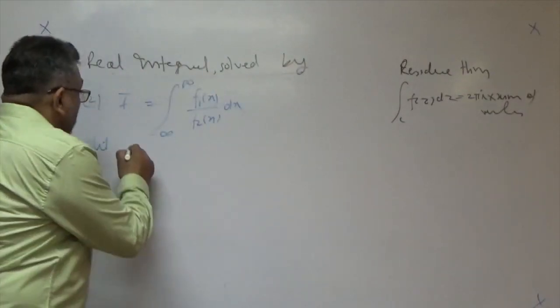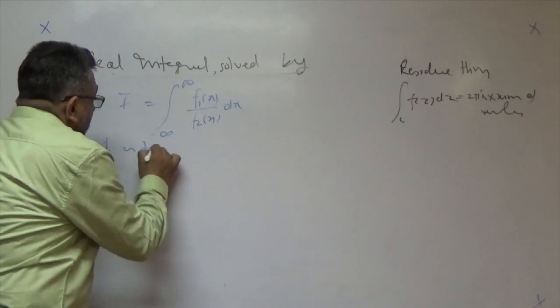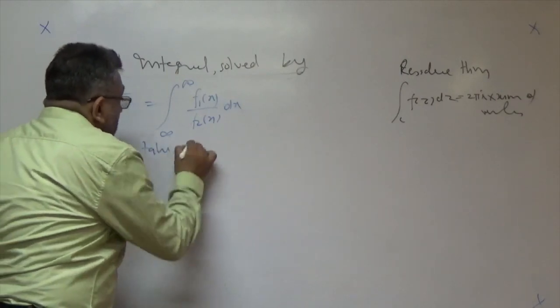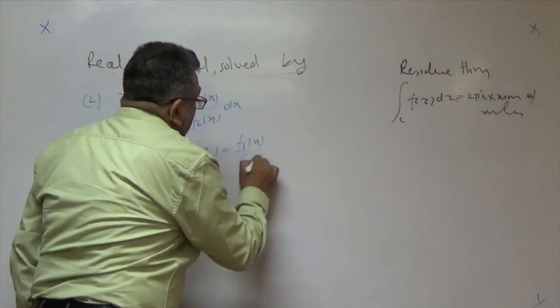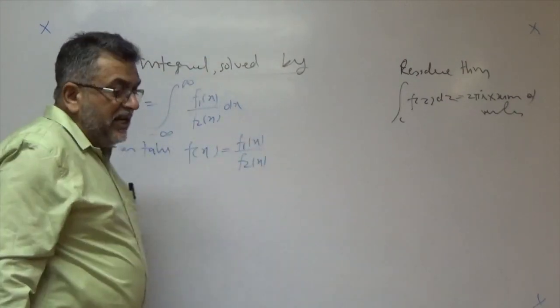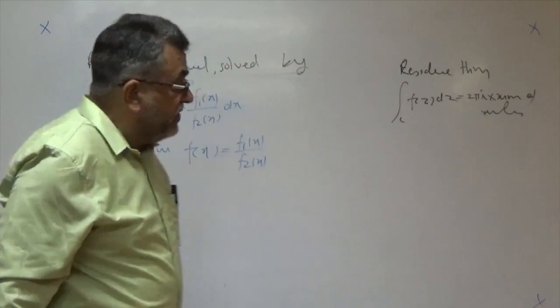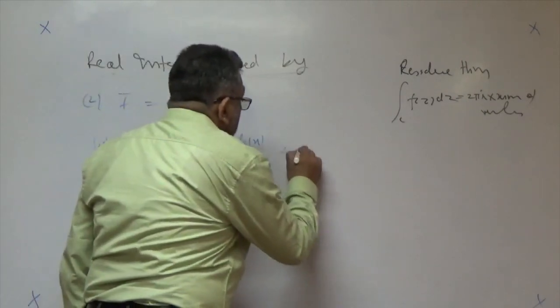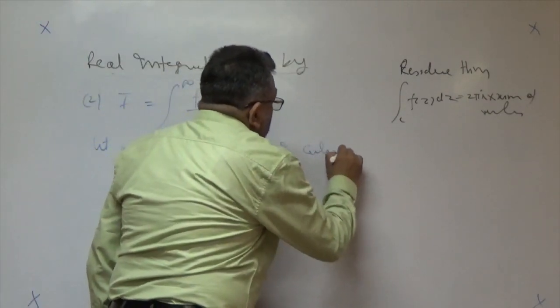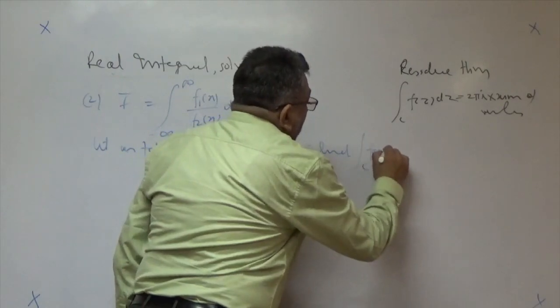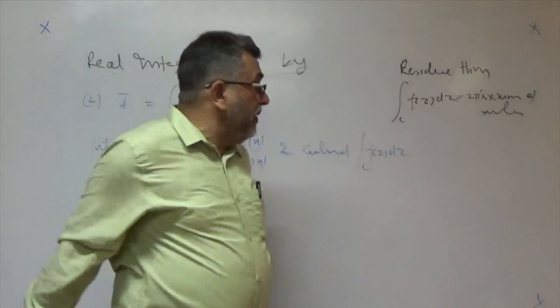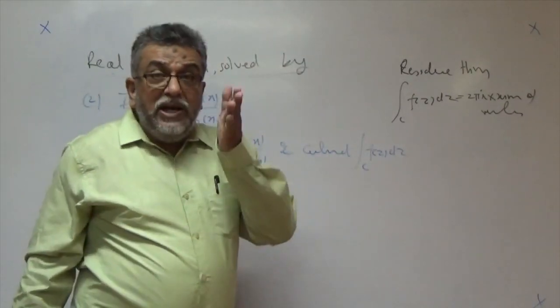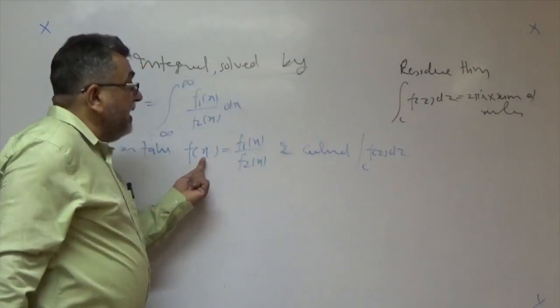How? What is the method? Let us take f(x) equal to f1(x) by f2(x). If we take this rational function and consider the integral over C of f(z) dz, this is directly converted into a complex integral by changing x to z.